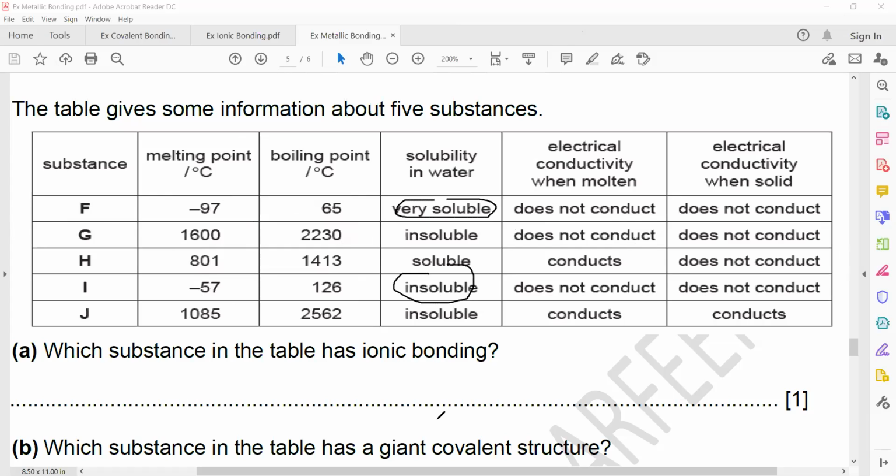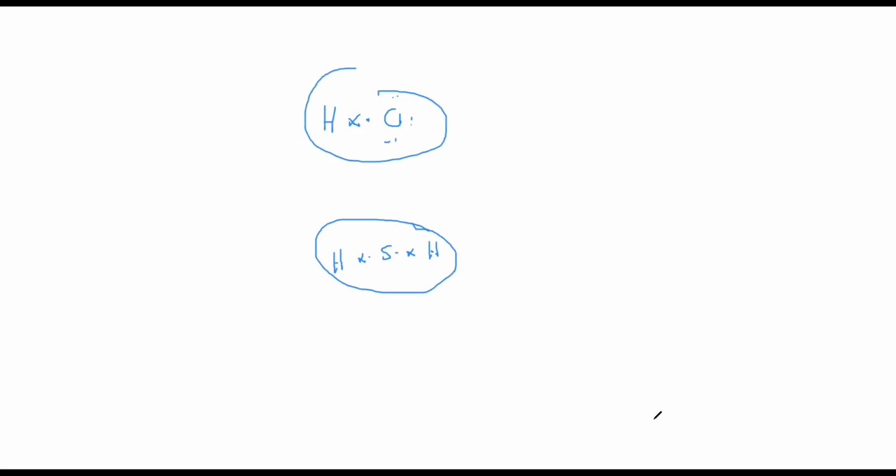Example, if I say HCl, hydrogen forms a bond by sharing with chlorine. This is HCl. And when I say H2S, both of them are simple covalent.